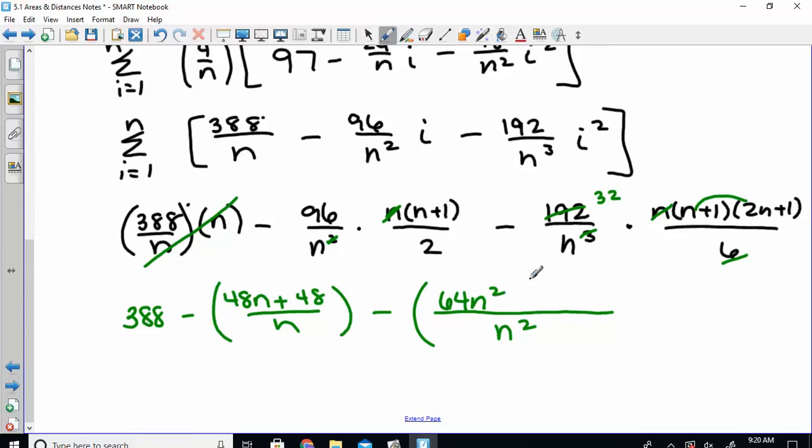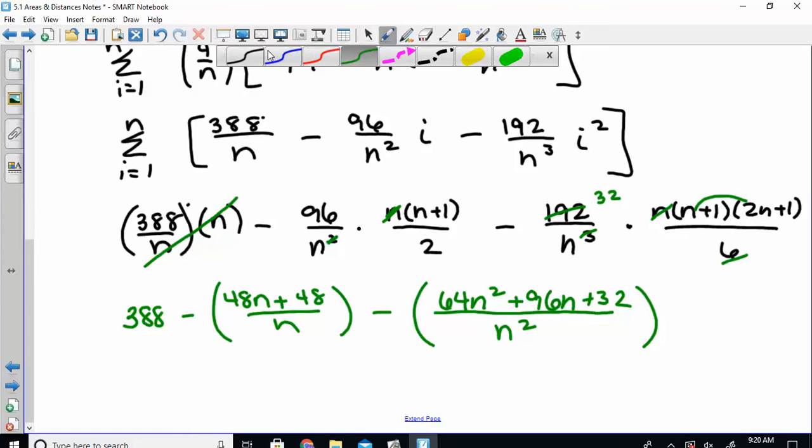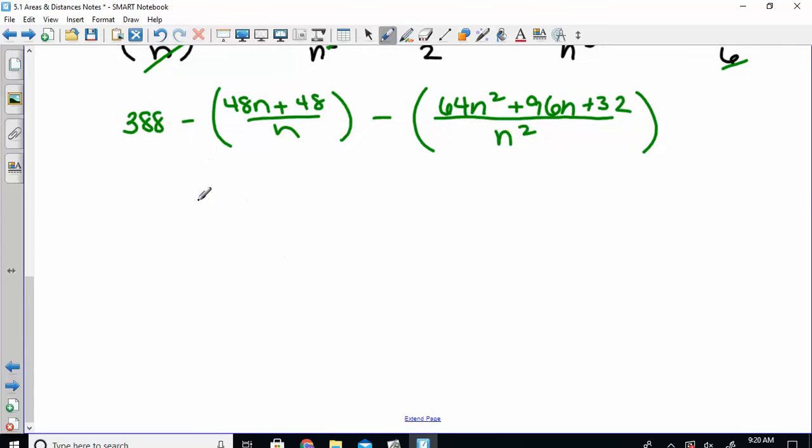So 2n squared times 32 would be 64n squared, plus 3n times 32 is 96n, plus 32. We're almost there.